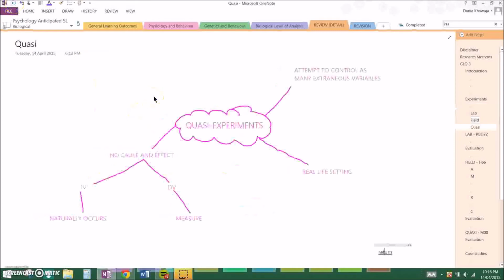And quasi-experiments, there is no cause and effect, although there will be an exception in the study that I will be using for this 22 mark for McGuire et al. But predominantly there is no cause and effect established. The IV naturally occurs, and the researchers attempt to control as many extraneous variables, and it is in a real-life setting.